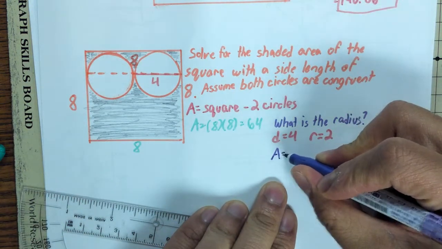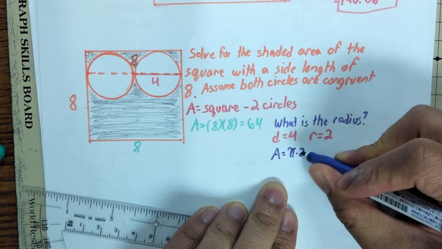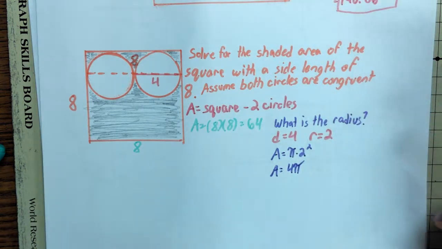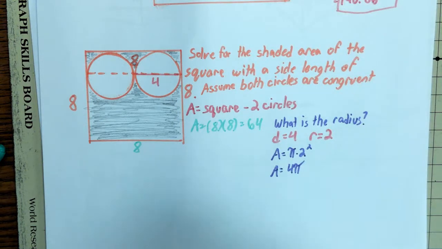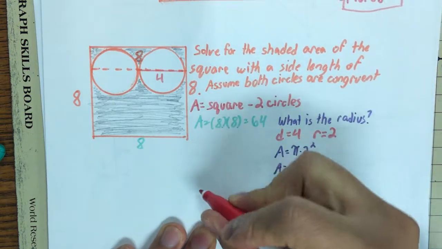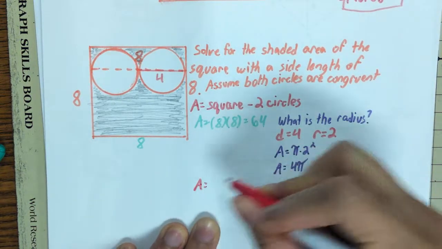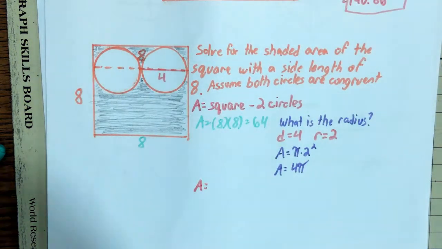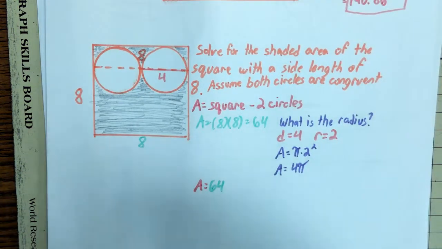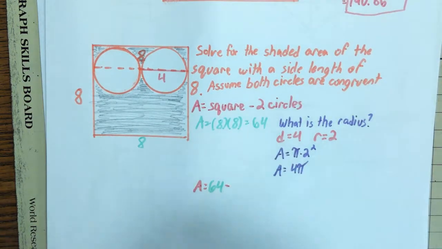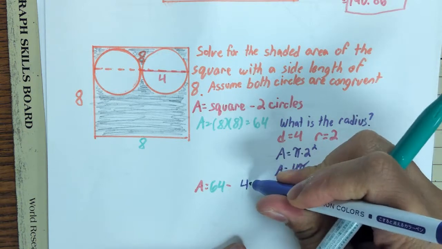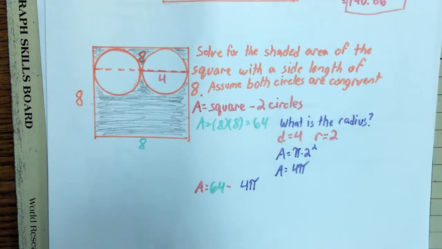Area equals pi r squared, pi times 2 squared. So area equals 4 pi. So now we can go ahead and solve for my shaded area. Shaded area equals my square, 64, minus the circle, 4 pi.